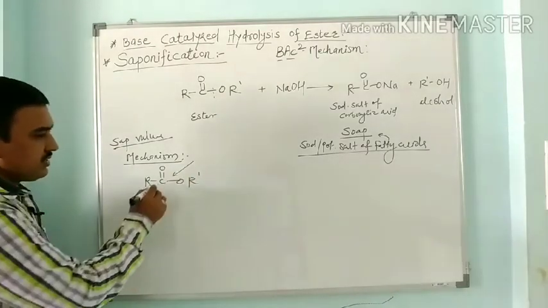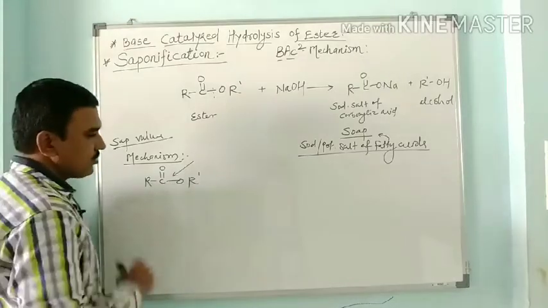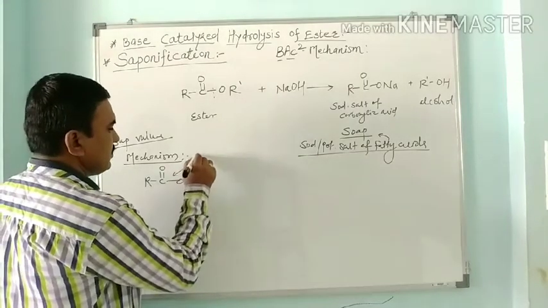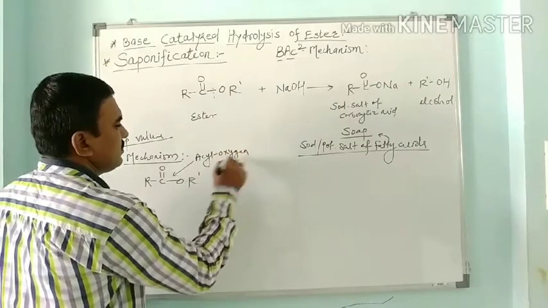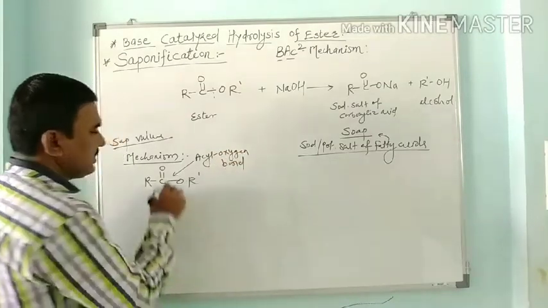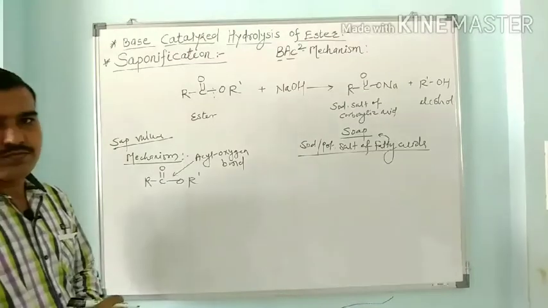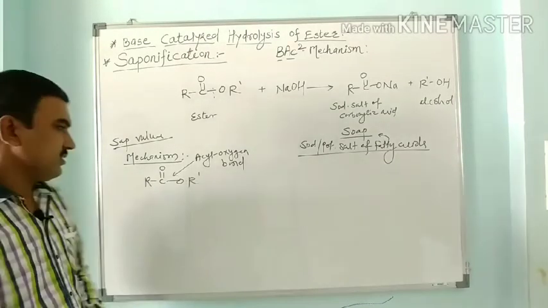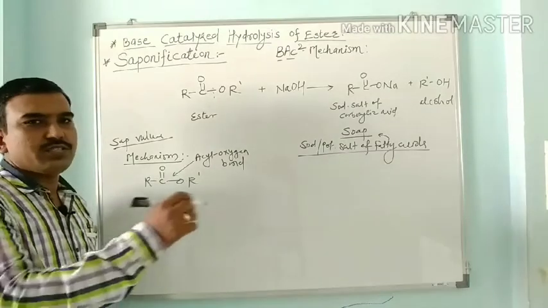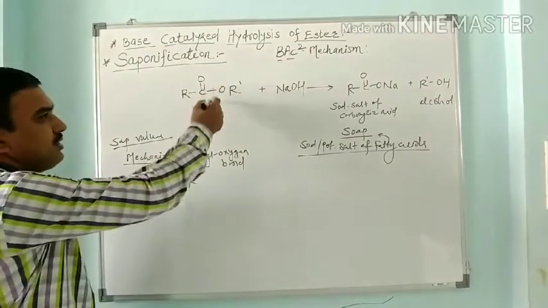Yesterday I discussed, this is the acyl group, this is oxygen, so this is the acyl oxygen bond. Now this bond is going to cleave, this bond breaks during this ester hydrolysis. So how does it break? Now I have to show its mechanism.